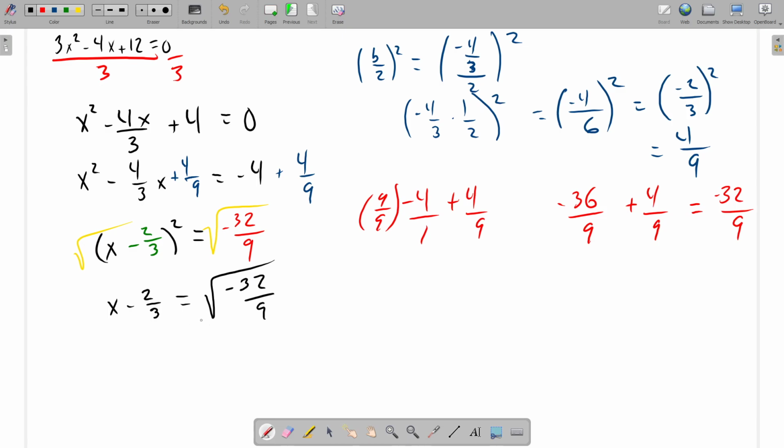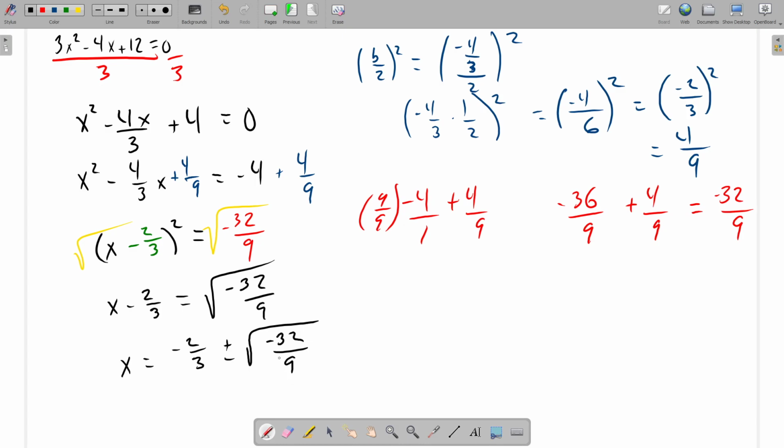Now I can move this 2 thirds over here. We can isolate x. x equals negative 2 thirds plus or minus the square root of negative 32 over 9. We cannot do, and you should know this from a couple videos ago, the square root of a negative number.